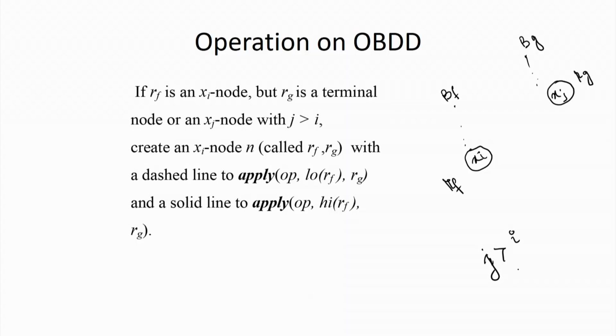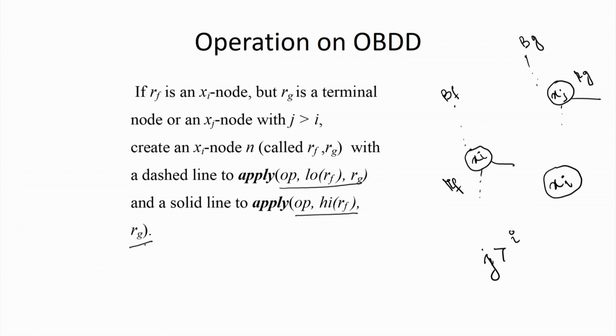So, if j is greater than i, then what will happen? Since it is independent of Xi, the resultant function will depend on Xi. So we are going to create an Xi node, and how do we create it? Here I have a dashed line and a solid line. For the dashed line we apply low of RF and RG, and for the solid line high of RF and RG.